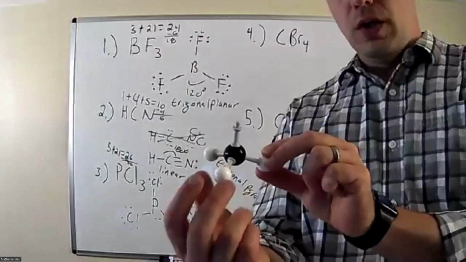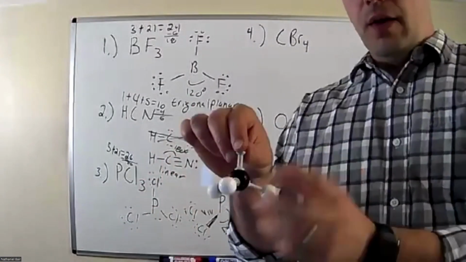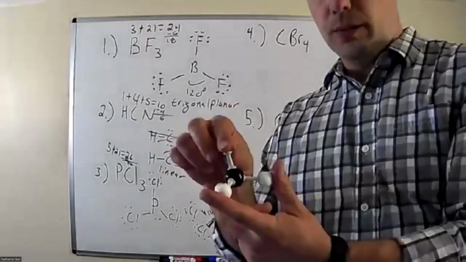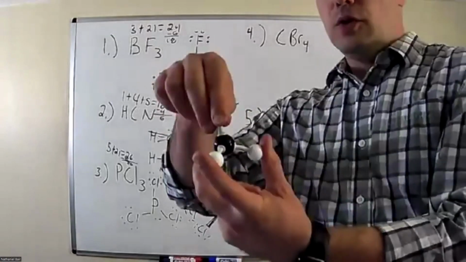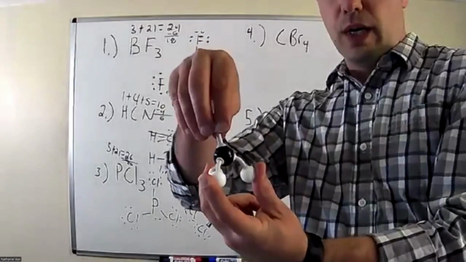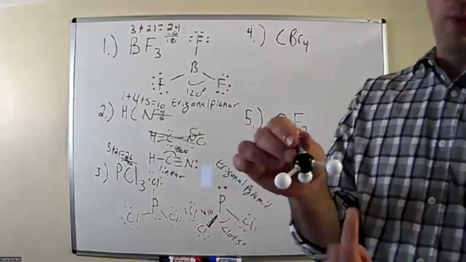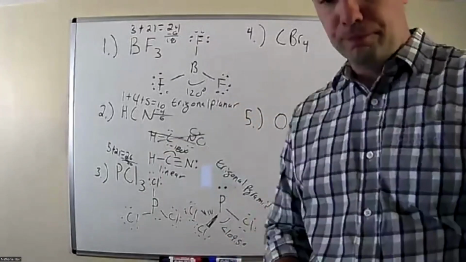So the wedge and the dash. Now, why is the bond angle less than 109.5? Because the whole point of VSEPR theory is that lone pairs take up more space than bonds. So this lone pair up here takes those bonds and smashes them down, and we go from that perfect 109.5 of a tetrahedron to now less than 109.5.